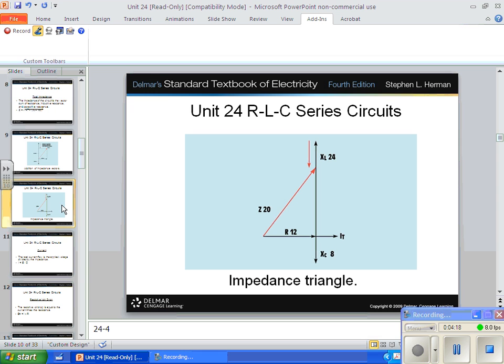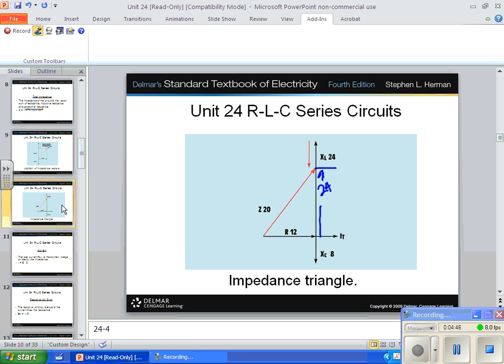Okay, let's look at our RL only at first. So we see we have our resistance and we have our X sub L. And let's say that our X sub L is coming all the way up here to 24. And let's say that our X sub C is down here. Now you remember that X sub L and X sub C are 180 degrees out of phase, right?